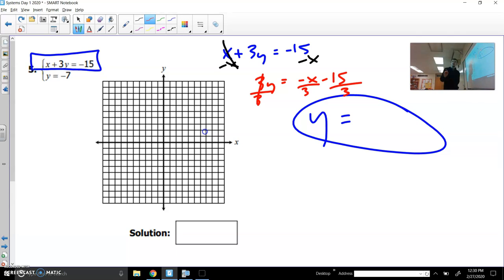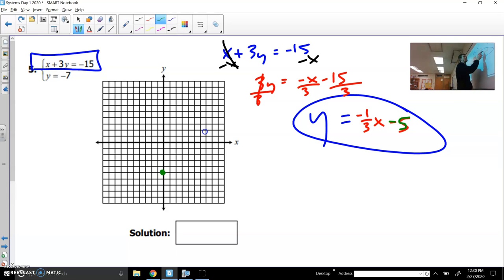And I really want to clean this up so I can tell what the slope value is. This is negative 1/3 of x. So there's like a negative 1 right there. And then I also have negative 15 divided by 3, which is negative 5. So using that y-intercept value of negative 5, if you plug in 0, negative 1/3 of 0 would be 0, and when you subtract 5, you get an output of negative 5.